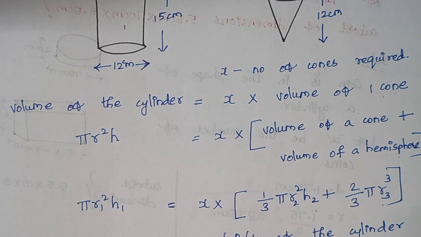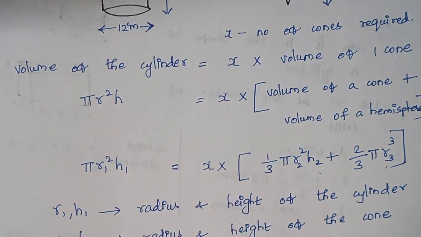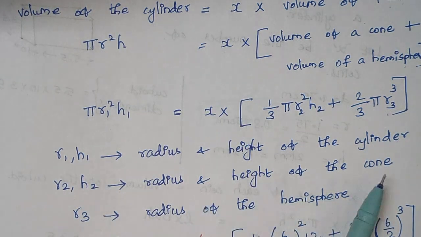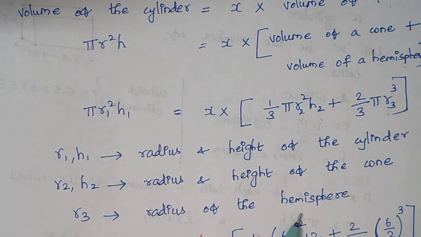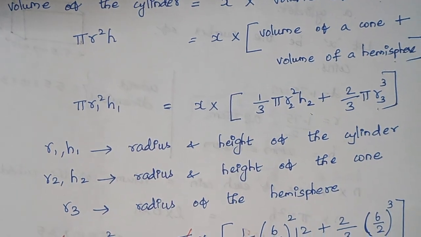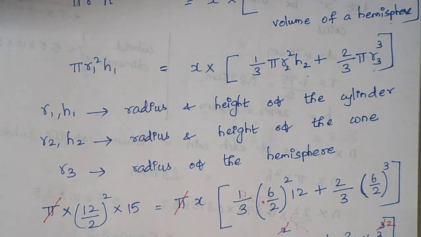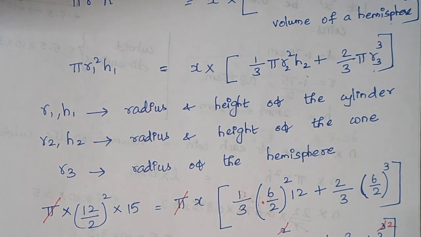Now just substitute the values. So here you see I had made a statement. R1, h1 is the radius and height of cylinder, R2, h2 radius and height of cone and R3 is the radius of the hemisphere. Now just substitute the values. So pi into the value of R1. So what is the value of R1?